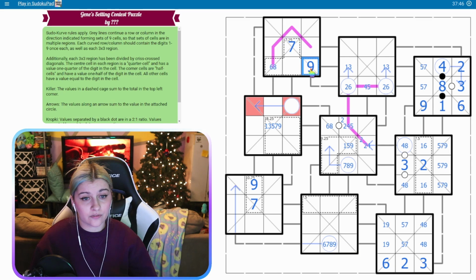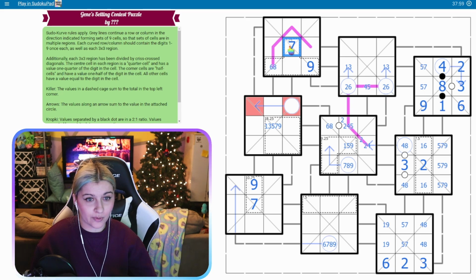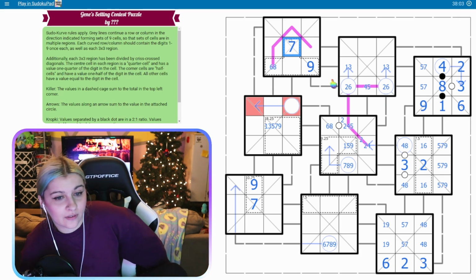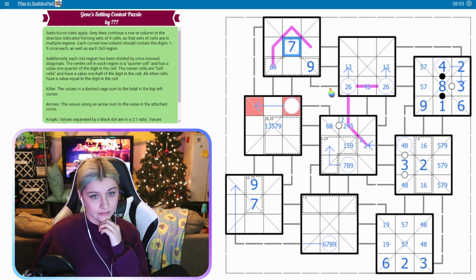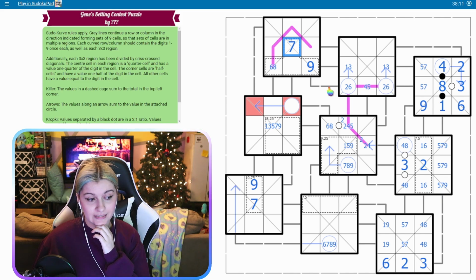So now 4.5 plus 1.75. 5.5 and then 6.25. Right? 4.5 plus 1 is 5.5 plus 0.75 is 6.25.